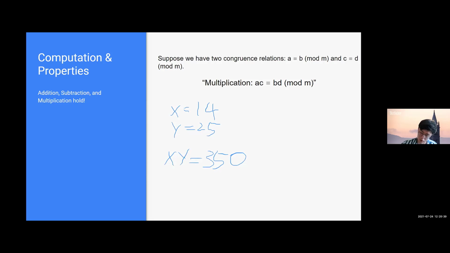So you can just say it is congruent to 2 mod 12. But if you have a way larger number, such as a 3-digit, 4-digit, or maybe even a 500-bit number, it might be pretty tedious to go through this calculation. So modular arithmetic, thankfully, also holds for multiplication as one of its arithmetic properties.